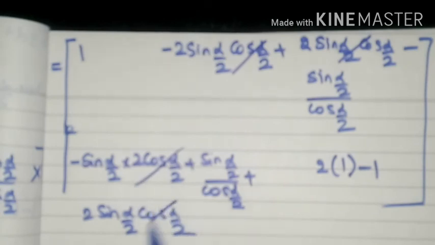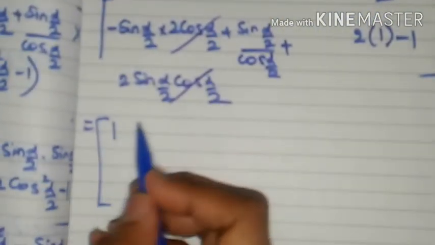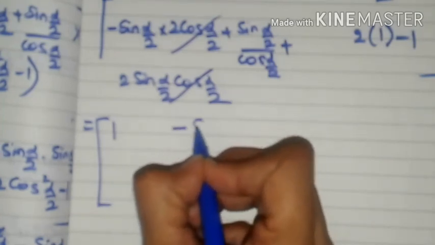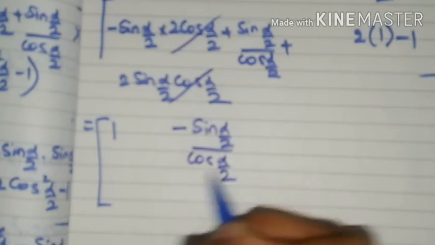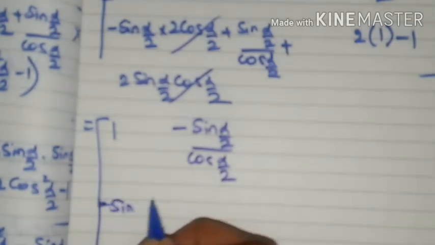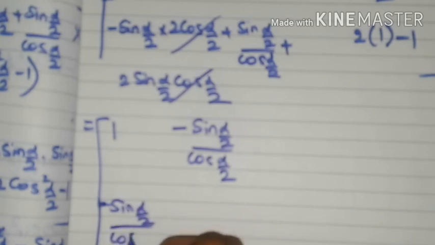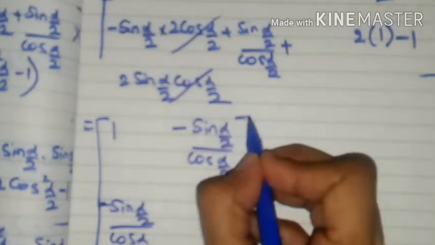So we can again cancel these two. So now our matrix will be reduced to 1, and then you will have minus sin alpha by 2 upon cos alpha by 2. Then in the second row first column it will be again sin alpha by 2 upon cos alpha by 2, and this will be 2 minus 1, which is 1.